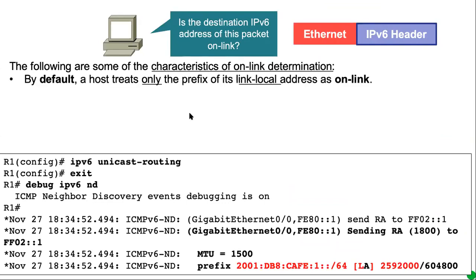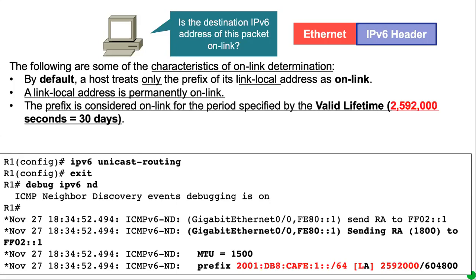First of all, by default, a host knows that its link-local address is on link. That's the only thing it knows by default, as a matter of fact. A link-local address is permanently on link. Well, that makes sense, since link-local means I'm only going to be reaching devices on my network.